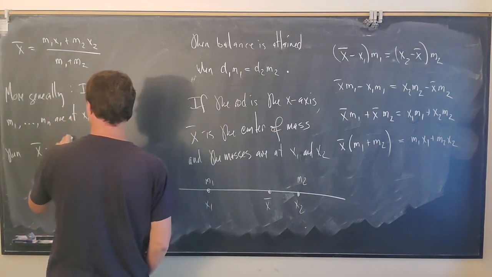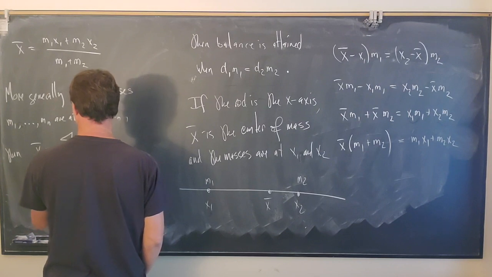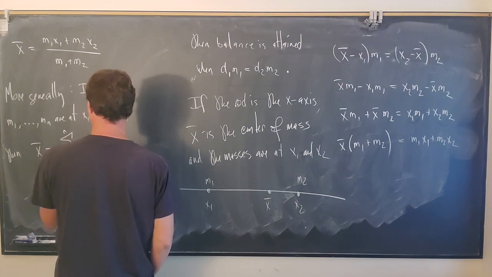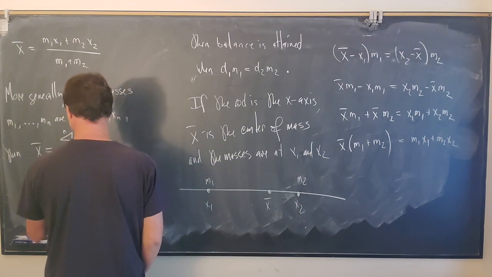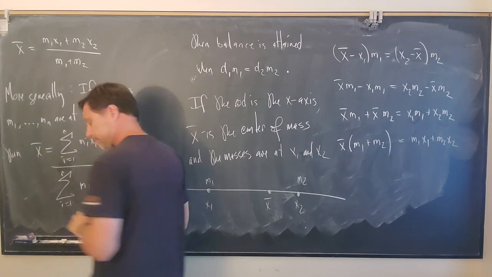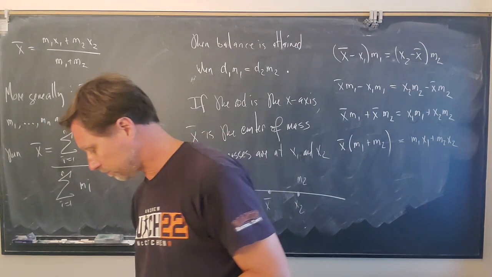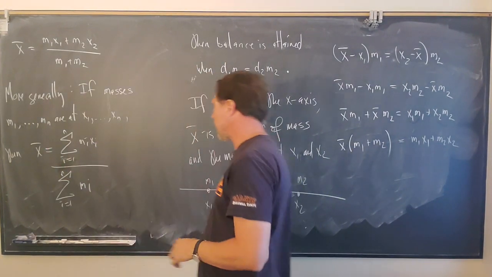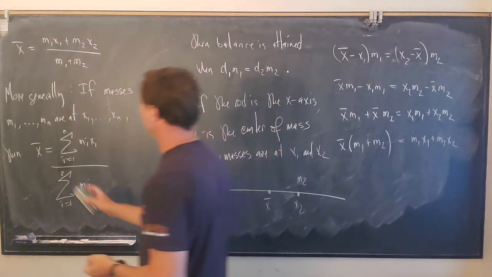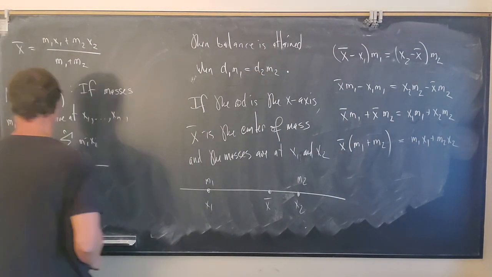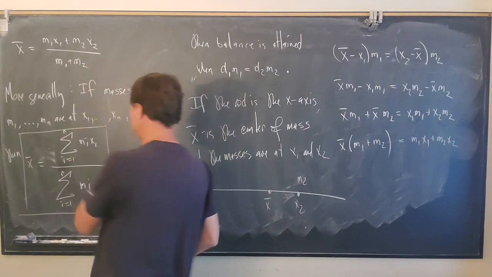It'll have a numerator, which will be the sum, i equals 1 to n, of mi xi, divided by the sum of the masses, the sum i equals 1 to n of m sub i. Let me put the x bar so that it's centered better. So there's the formula for x bar in general.